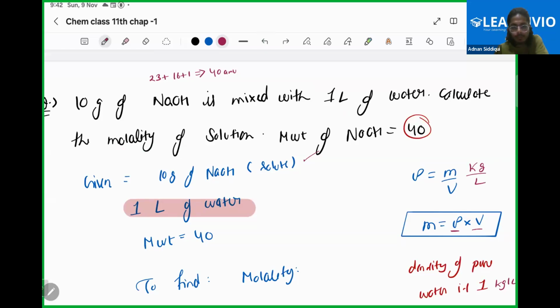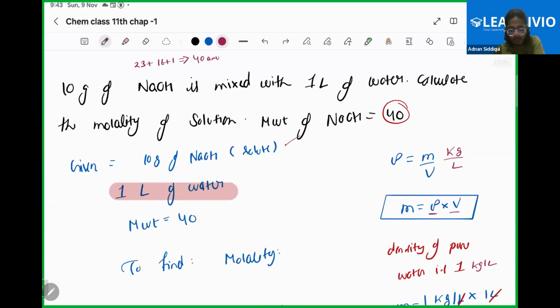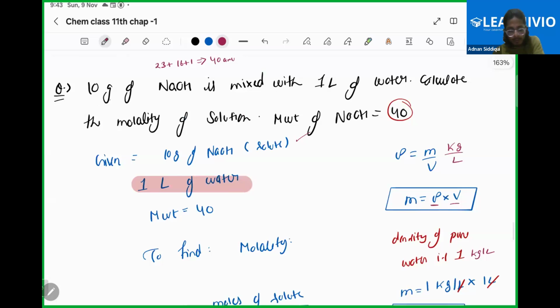If they are talking in terms of molality, you need to take the solvent in kg, but they have given it in liter. So first you need to convert this into kg. They have given you 10 gram. You can convert it into number of moles by dividing by molar mass. You have the number of moles of solute.